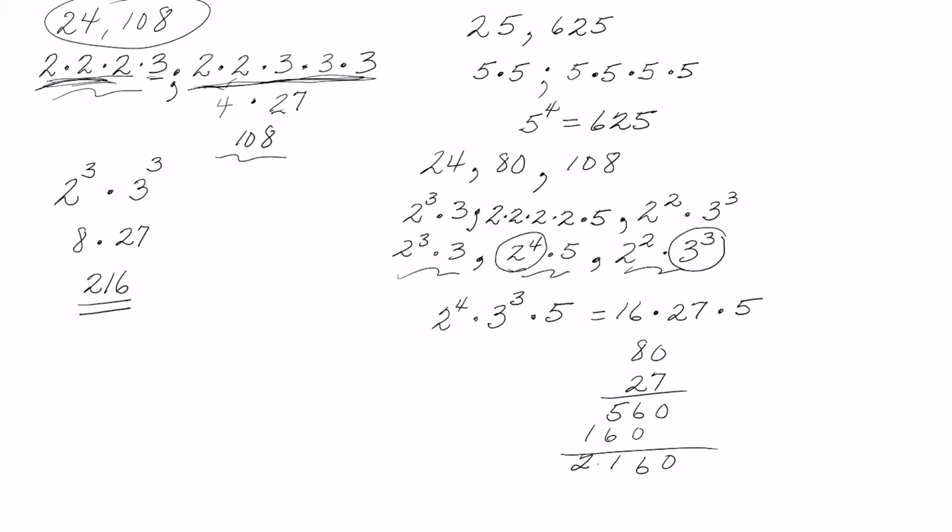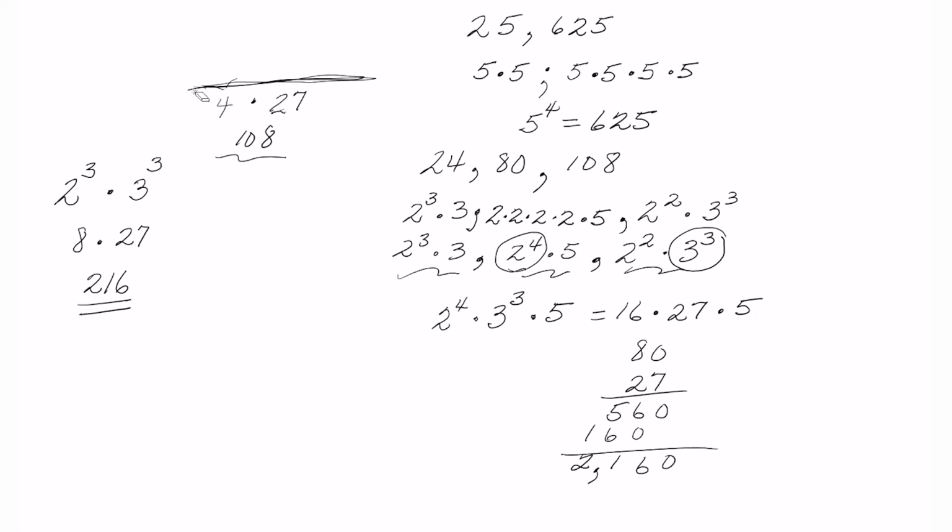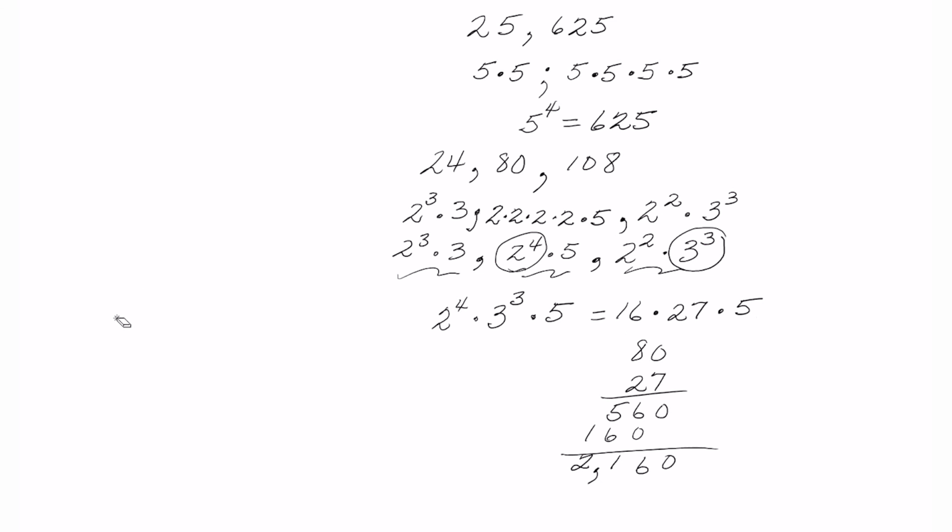So our least common multiple now is 2,160. As you can see, doing the prime factorization can really help you, because if you were trying to just guess at that number, I think you would have a tough time guessing at 2,160. Or at least I would.